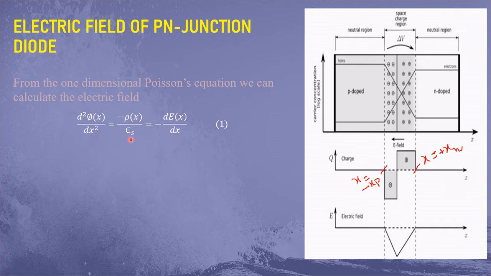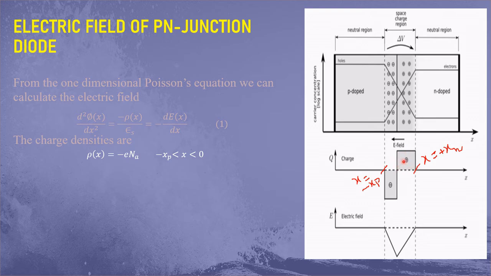So how can we define the charge density? First of all, rho of x is equal to minus e Na.